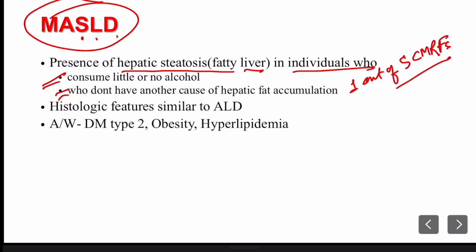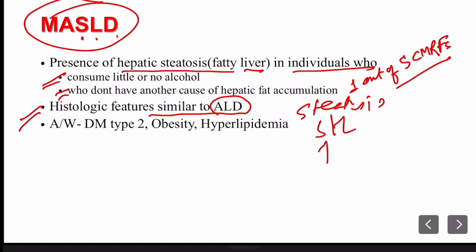So then we will label the patient as having MASLD, and there should be no other cause of hepatic steatosis like hepatitis C virus or Wilson's disease or any medication. Now the MASLD has histologic features similar to alcoholic liver disease, that is there will be steatosis, later on steatohepatitis, and later on fibrosis, and in the end there can be cirrhosis.